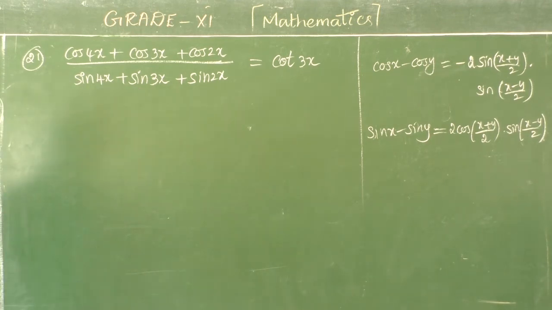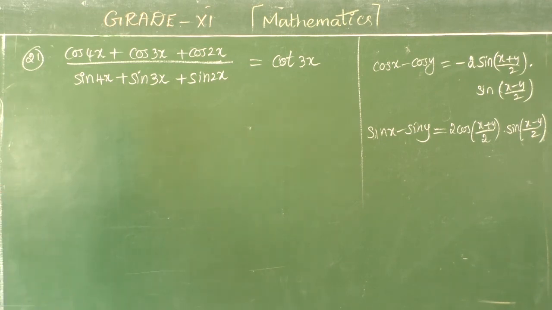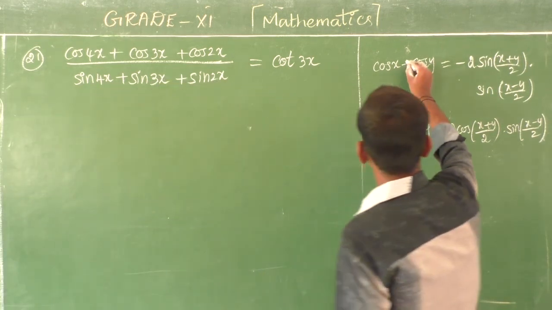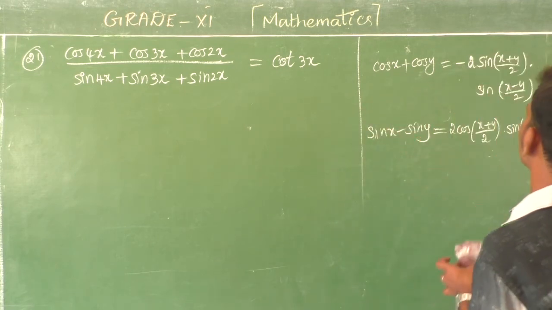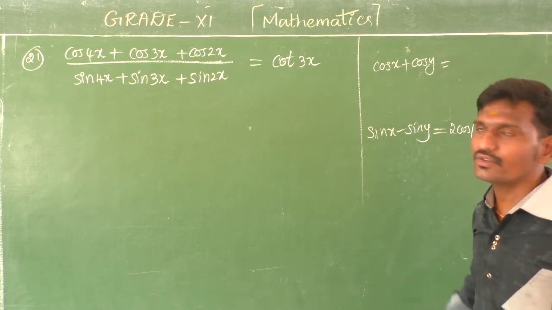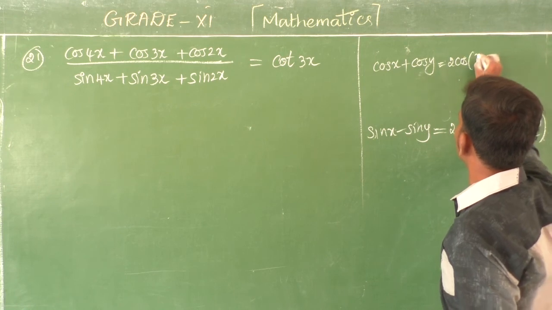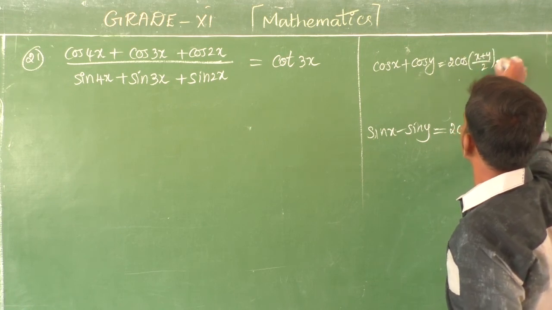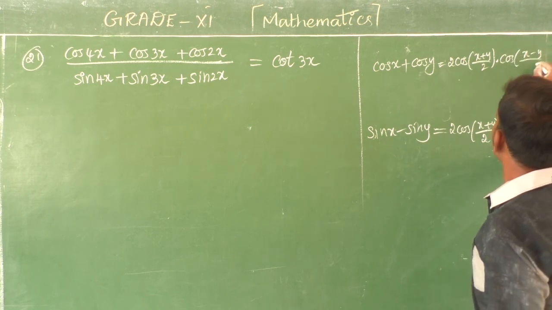In the numerator all the 3 terms have cos, so I am going to use the formula for cos x plus cos y. Cos x plus cos y is equal to 2 cos (x plus y) by 2 into cos (x minus y) by 2.